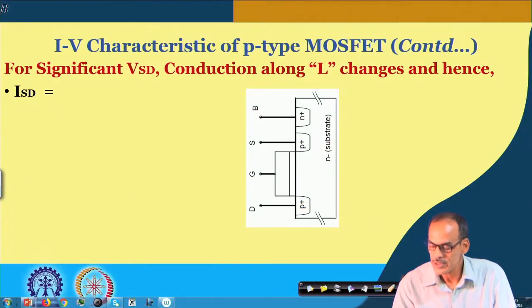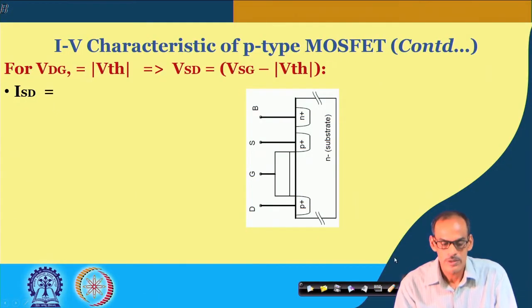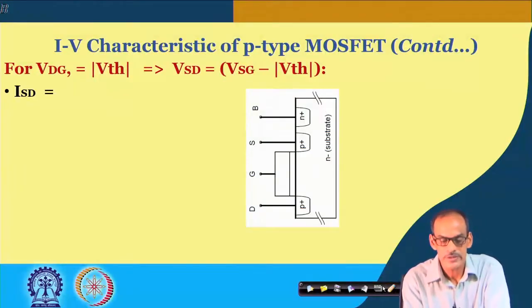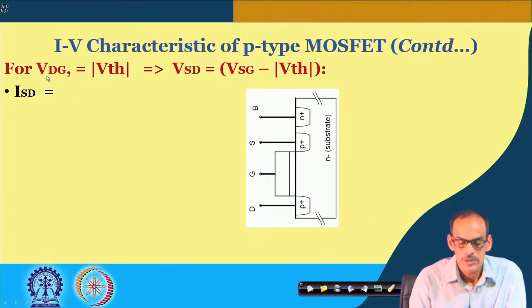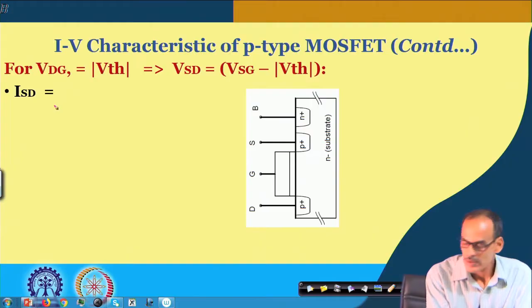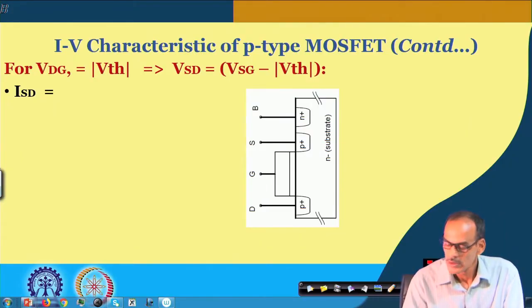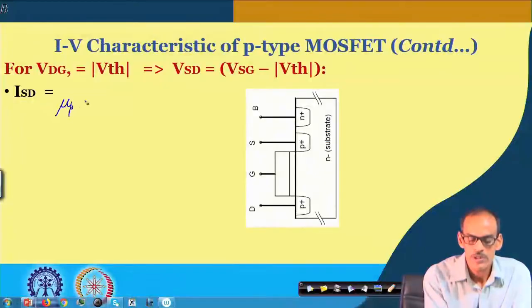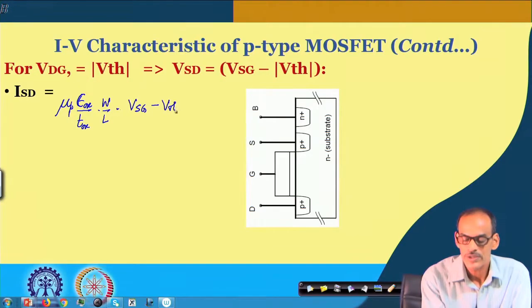So, as I said, VdG equals VTH, the expression of the current is mu p epsilon ox divided by T ox and W by L into VSG minus VTH square by 2.